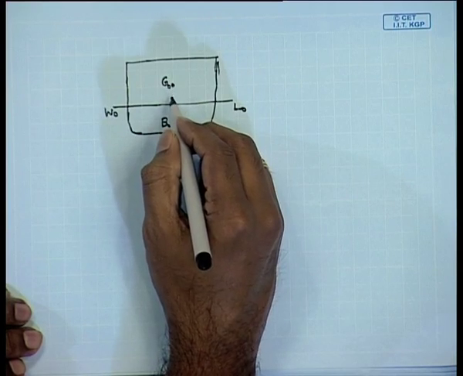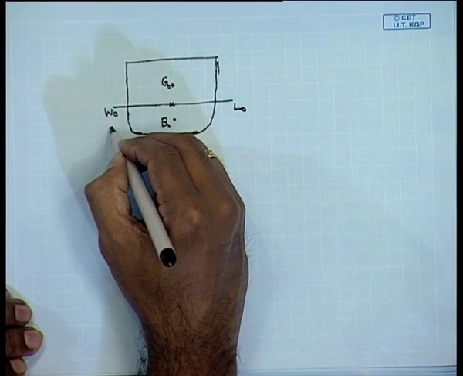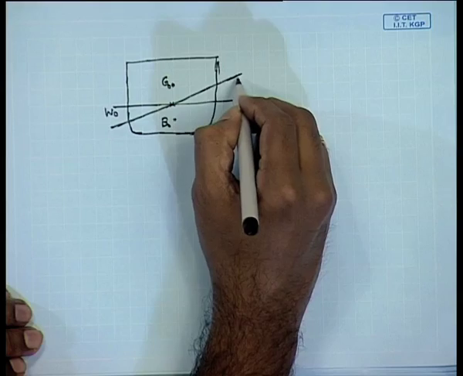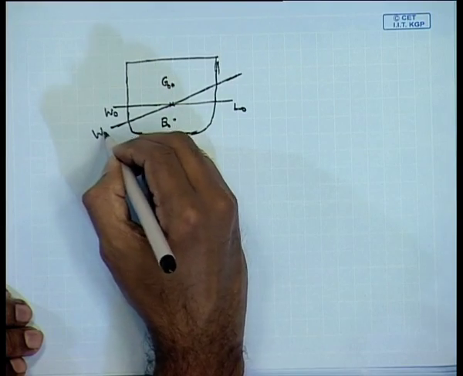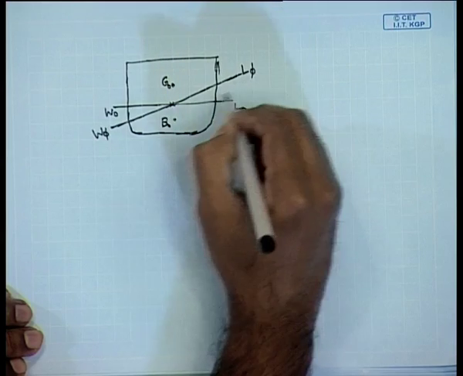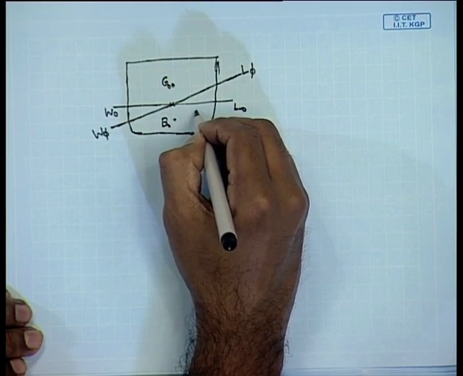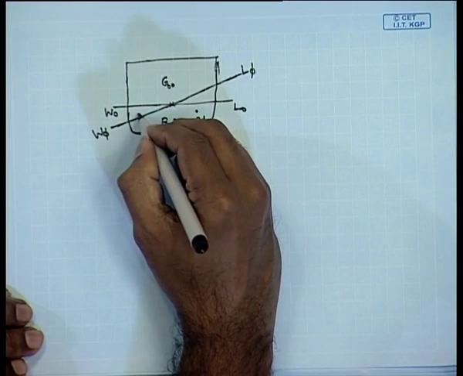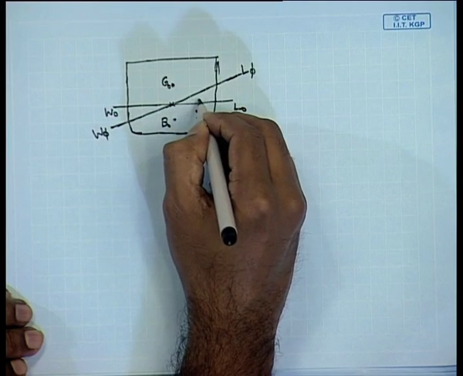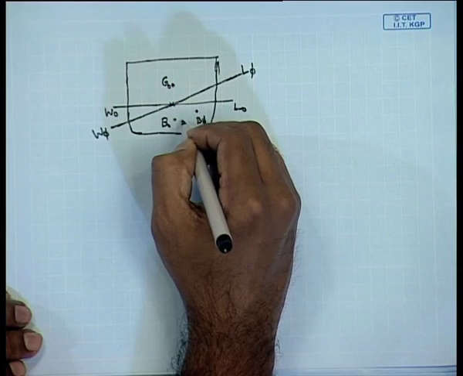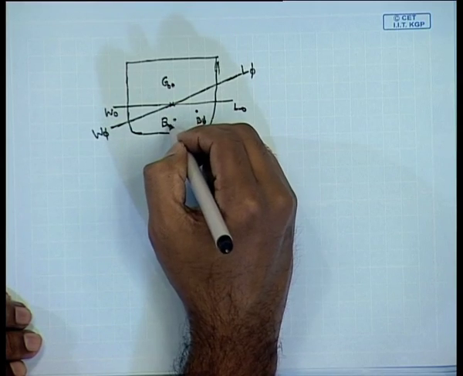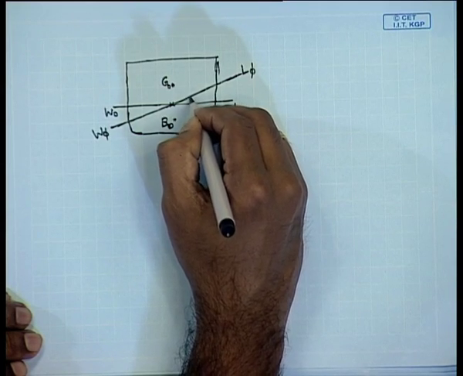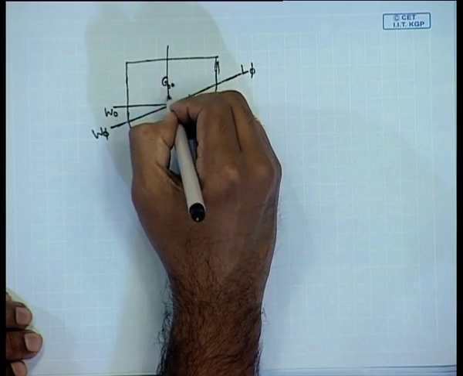Then something shifted and as a result the body had to tilt. This much is the new water line W phi L phi, and B has shifted here to B phi, because some wedge has gone out here and some wedge has come in here. Therefore, B will move in the direction of increased volume. So, B0 to B phi.